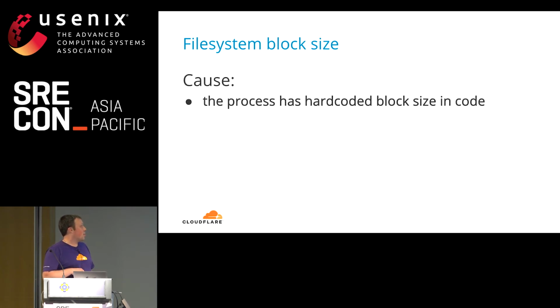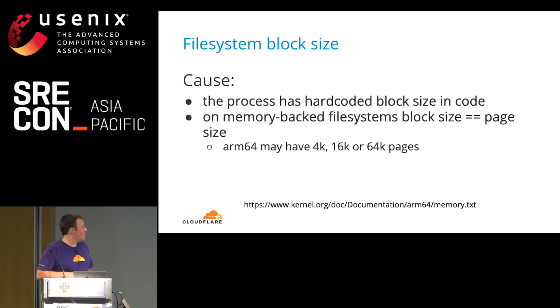That's because the test runner has a hard-coded block size, since for all file systems you can imagine in Linux it's always 4K by default. But on a memory-backed file system, the block size equals the page size, and we already know that ARM64 can have 16K pages, right?